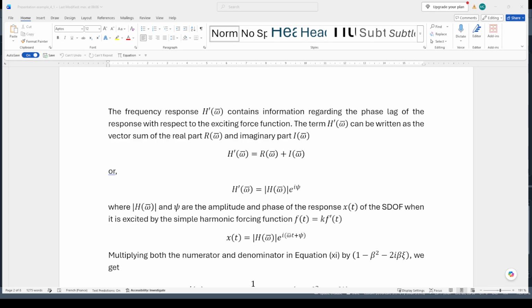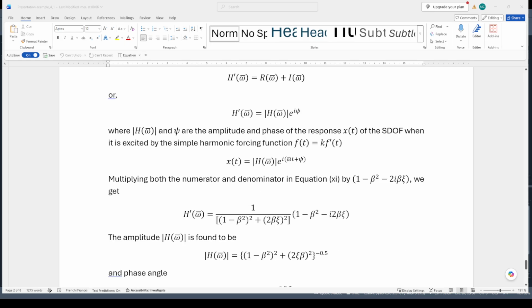The term H prime omega can be written also as the vector sum of the real part R omega and imaginary part I omega, or in this way, where H is the absolute value of H omega bar, and phi are the amplitude and the phase of the response x(t) of the SDOF when it is excited by the simple harmonic forcing function f(t) equal to k times f prime(t).